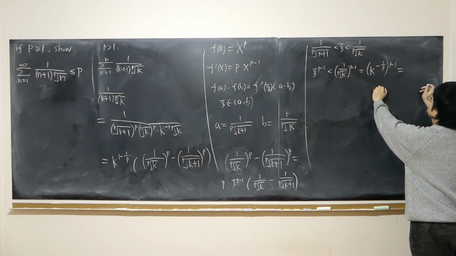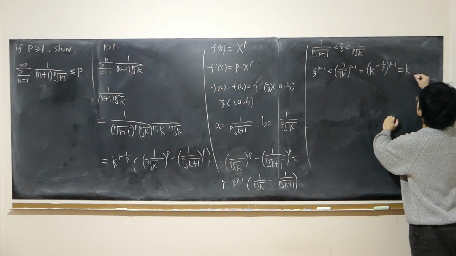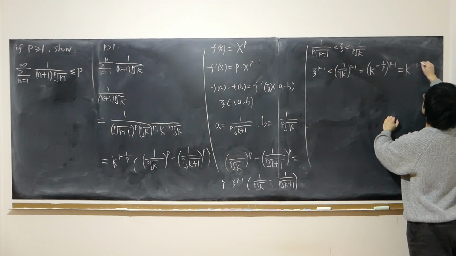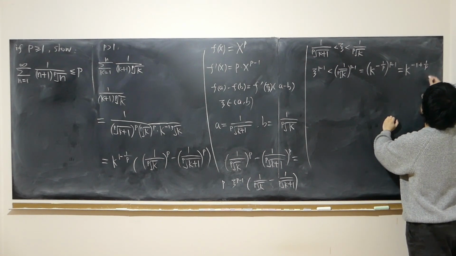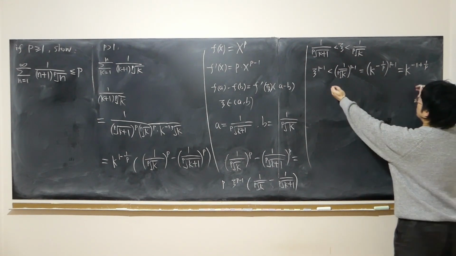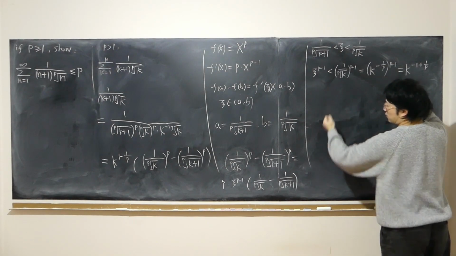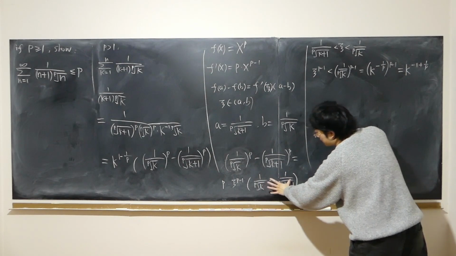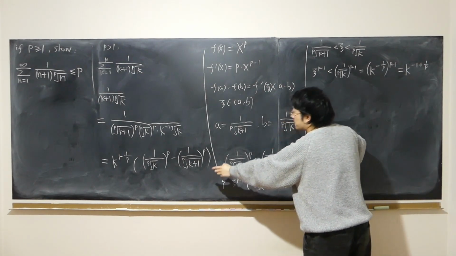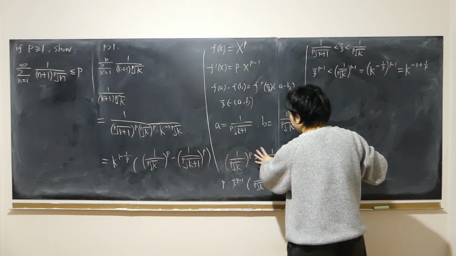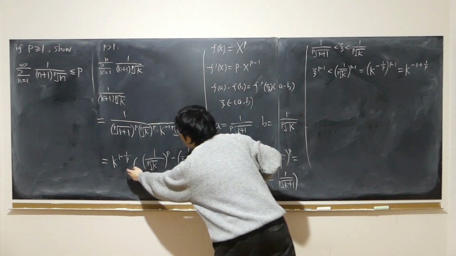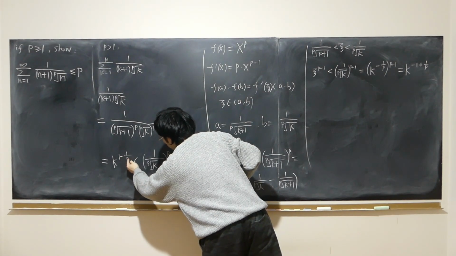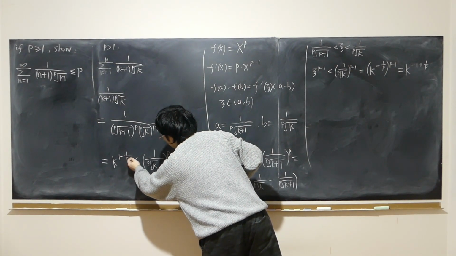Right, what do we have? k to the power of minus 1 plus 1 over p. Right? We have this inequality. So also because this part is already positive and p is also positive, and also k to the power of 1 minus 1 over p is still positive because 1 over p is smaller than 1, right?